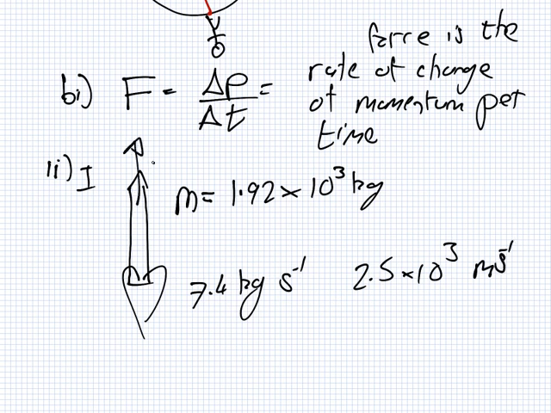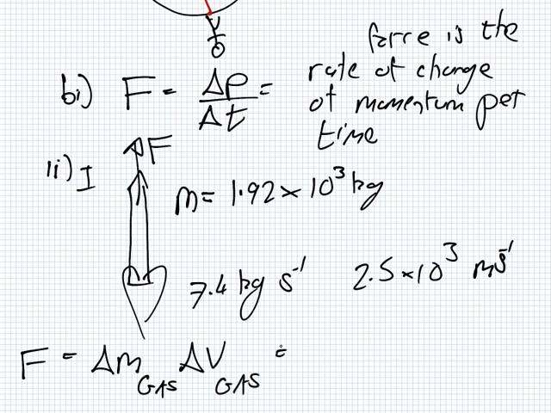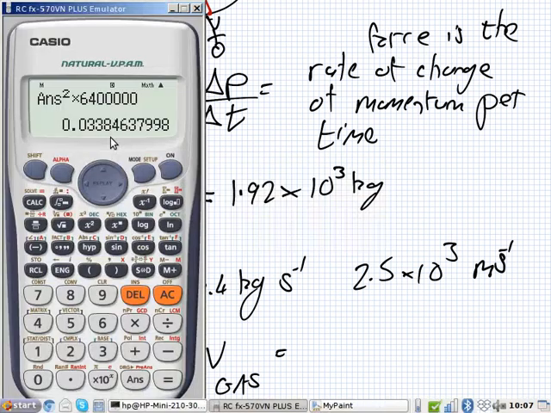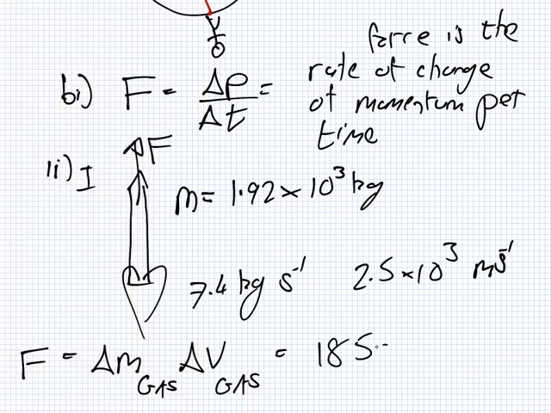What is the up force here? It's how much mass per second of gas multiplied by how fast the gas is coming out. So it's 7.4 times 2.5 times 10 to the 3, which is 18,500 newtons.